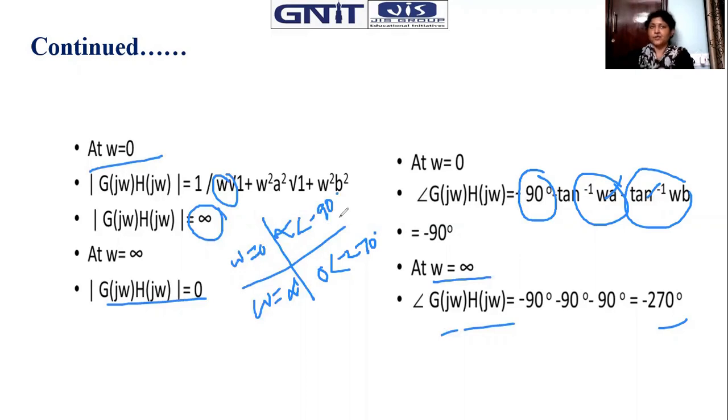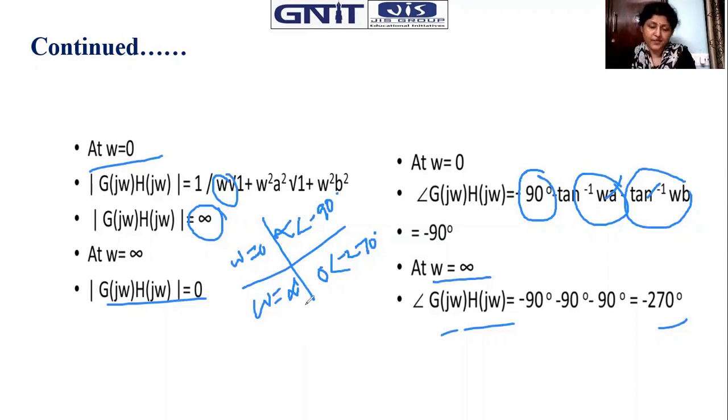So it should be parallel to the minus 90 degree line, right? And the phasor magnitude is infinite. So you can draw a line starting parallel with the minus 90 degree axis. That will show you the magnitude infinite as well as the angle minus 90.